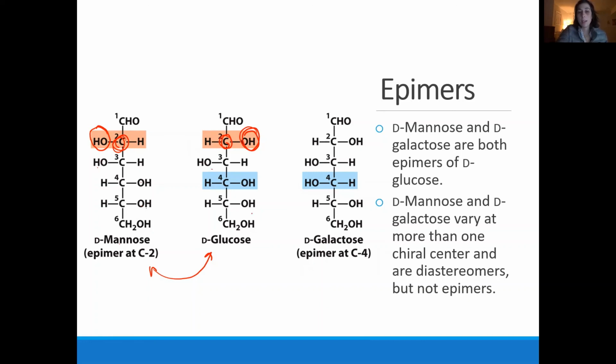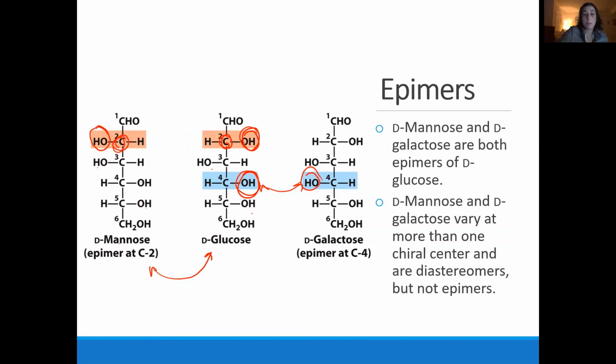Similarly, galactose, its only difference is at carbon number 4. In glucose, the OH group is on the right, and in galactose, the OH group is on the left. Notice that none of the other centers are changed, so they are epimers in relation to glucose.